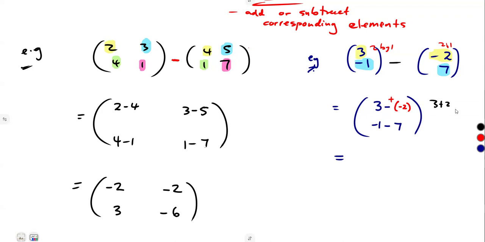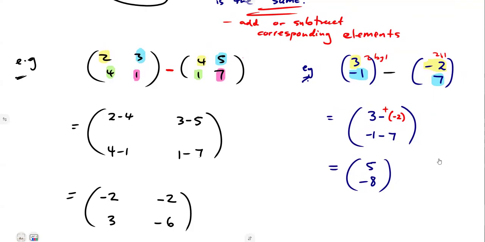So you end up with 3 plus 2, which is 5. Minus 1 minus 7 is minus 8. Simply add and use the sign of the common numbers on your answer. So this is it. It is all about revision. Addition and subtraction can be obtained from that concept.